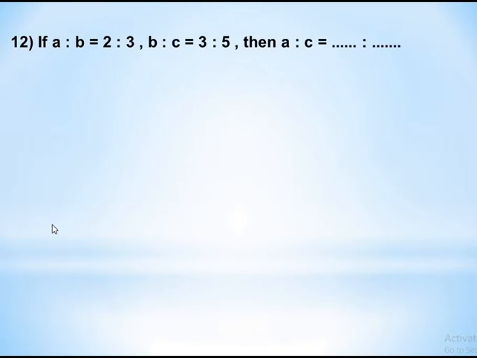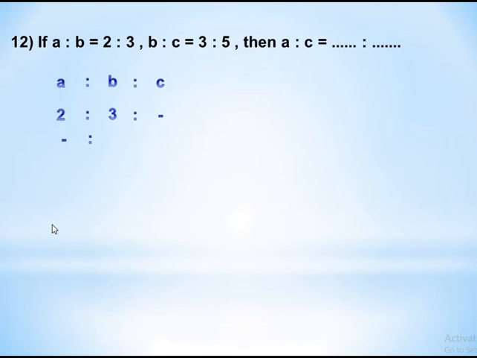If A to B equals 2 to 3 and B to C equals 3 to 5, then A to C equals? It's a combining ratio. So we are going to write A to B to C. Then write the first ratio, A to B, 2 to 3, and he didn't ask about C, so I'm going to write a dash. Then the second ratio, B to C. He didn't tell me about A, so A does not exist, so we put a dash.